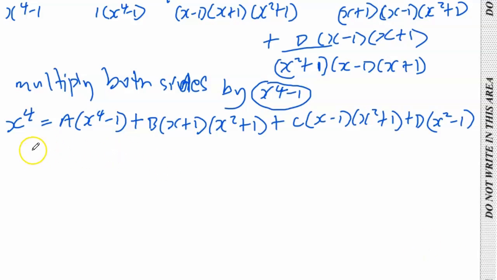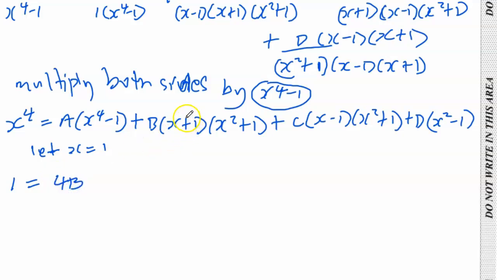Alright, now to solve, we can let x be equal to different values. Let x be equal to 1. If x is equal to 1, on the left hand side, 1 to the power of 4 is 1. On the right hand side, all the terms would be 0 except the second term with b. I would end up with 4b.